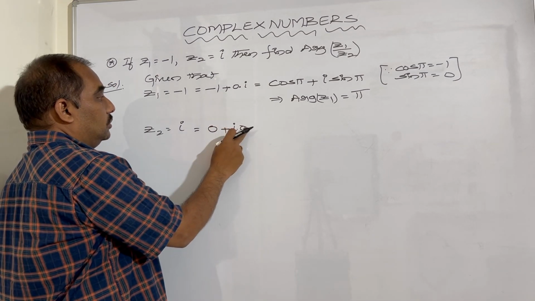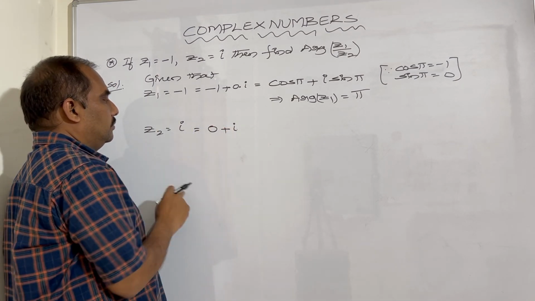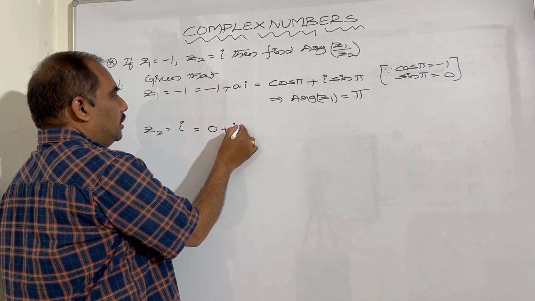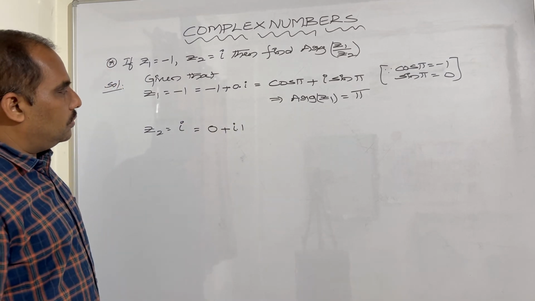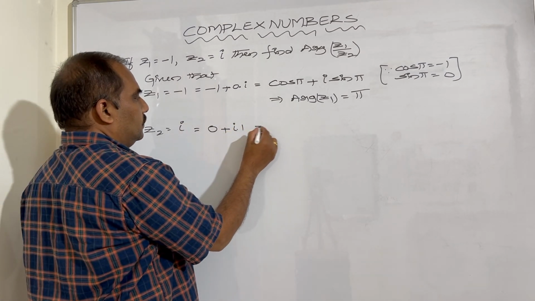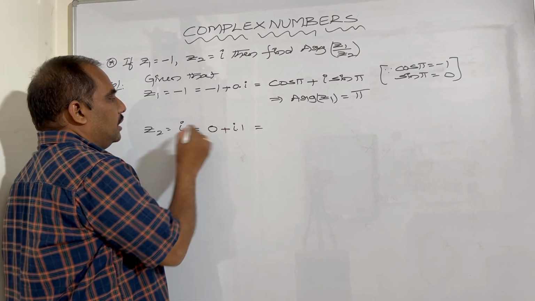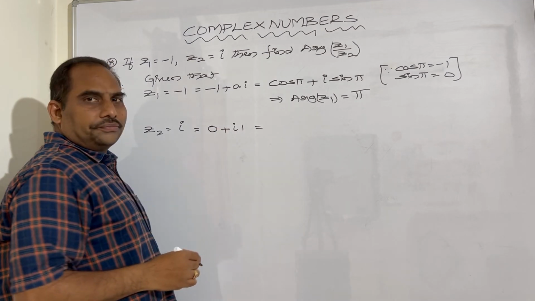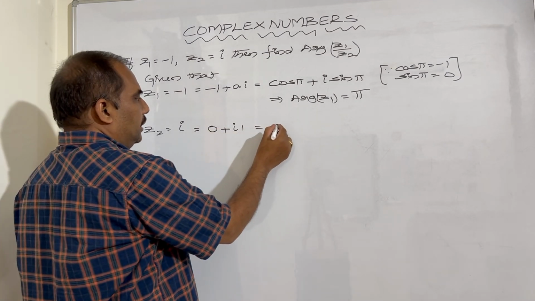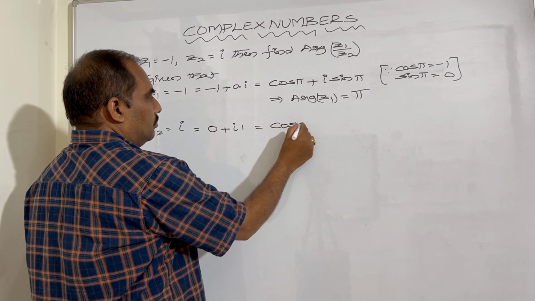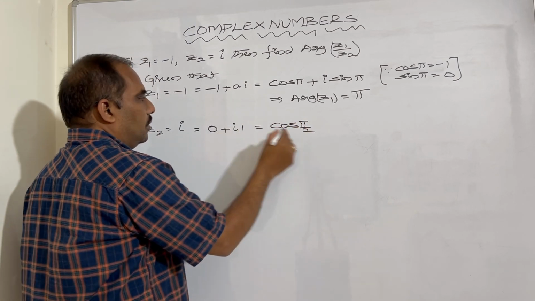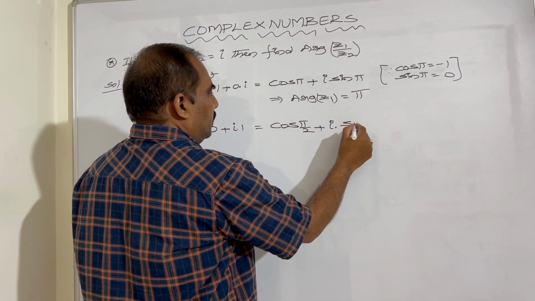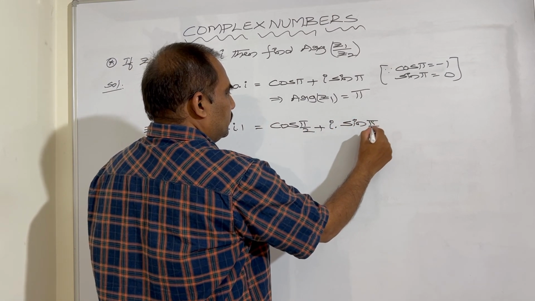Here 0 is the real part, only i is there, that means 1 into i, so i into 1 we can write, not 0. Now how can we write 0? Cos 90 is 0. Cos 90 is 0, plus i into 1 can be written in terms of sine, so sin 90.